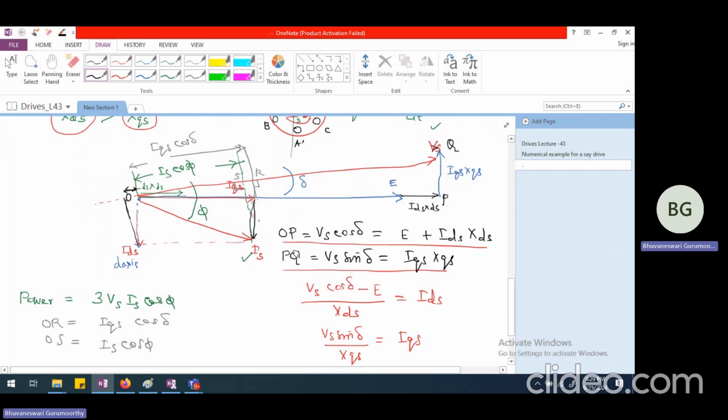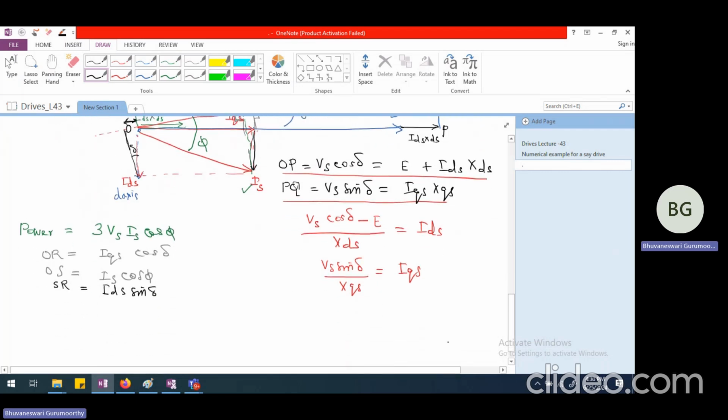This would have been IDS2. So from here, if I drop the perpendicular, this particular length, that is SR, happens to be IDS sine delta. So this is actually delta. So this will be IDS sine delta.